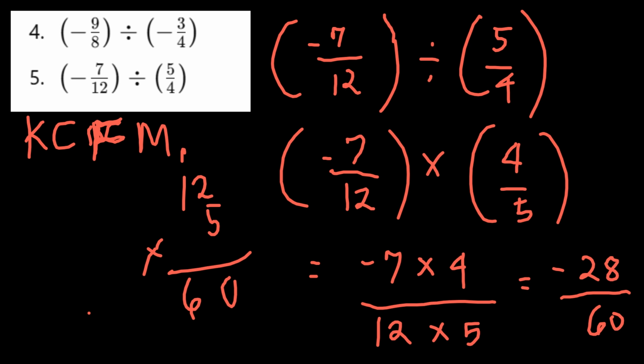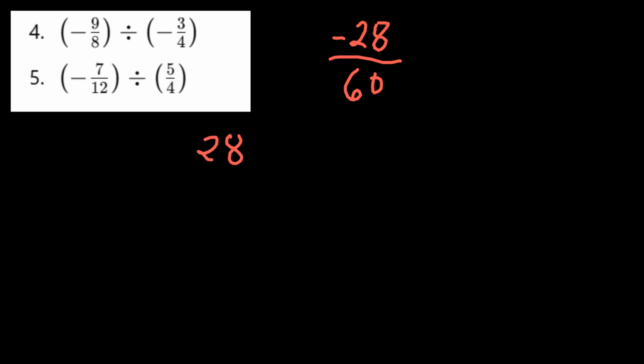Let's clean our board, we don't have enough space. So we have now negative 28 over 60. Of course, we start by getting the greatest common factor, by listing the prime factors of 28 and 60.